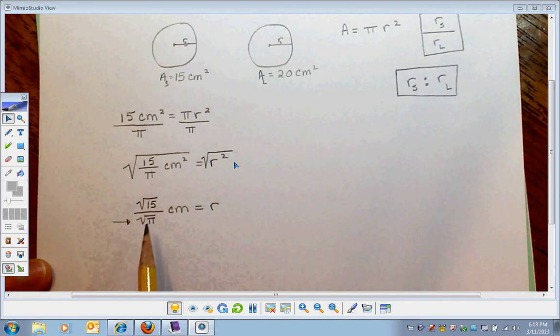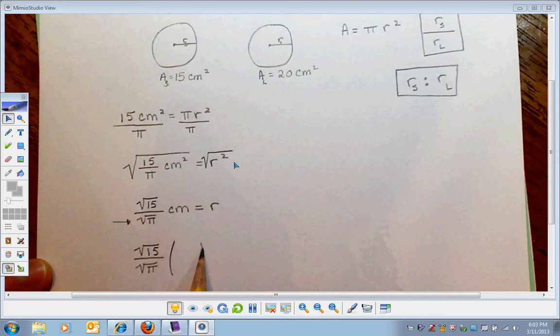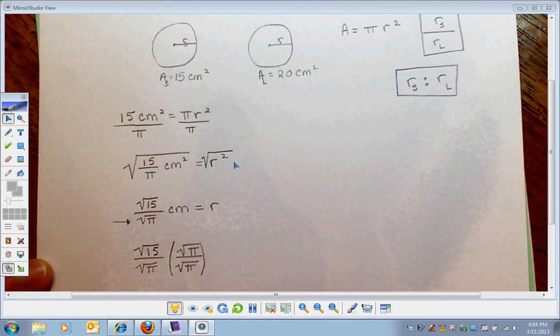So in order to get rid of a square root, I'm going to multiply it by itself. So if I have the square root of 15 over the square root of pi, I'm going to multiply that by my number 1, but my number 1 looks like a fraction. In order to undo a square root, I have to do it twice. So whatever I put in the bottom, I also put in the top. Okay?